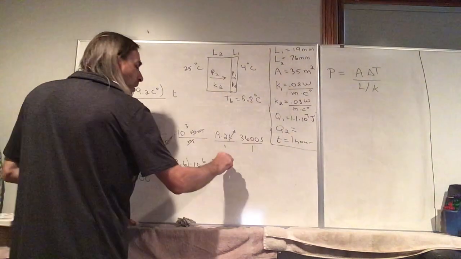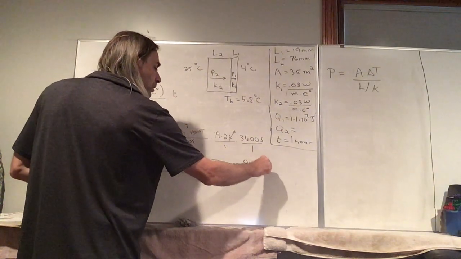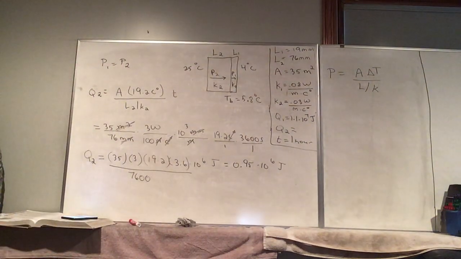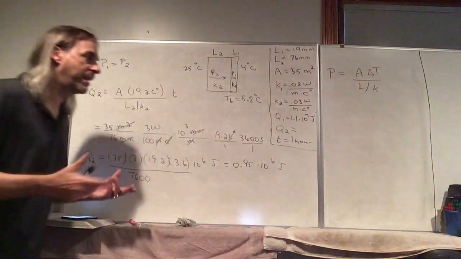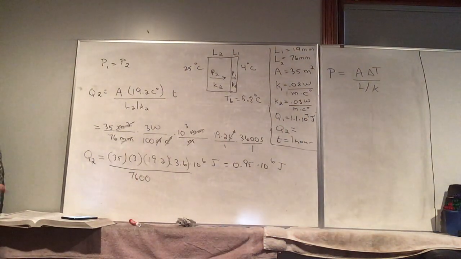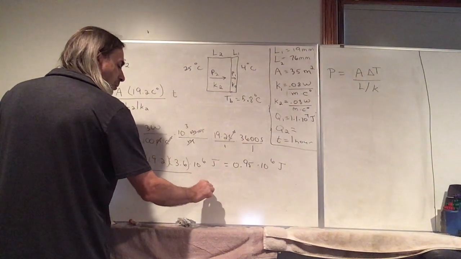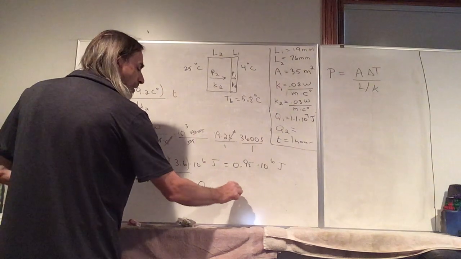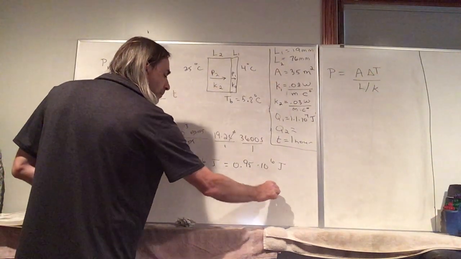This is 0.95 times 10 to the 6 joules. What we had before without the insulation, if we write it in the same units: Q with insulation is 0.95 times 10 to the 6 joules.